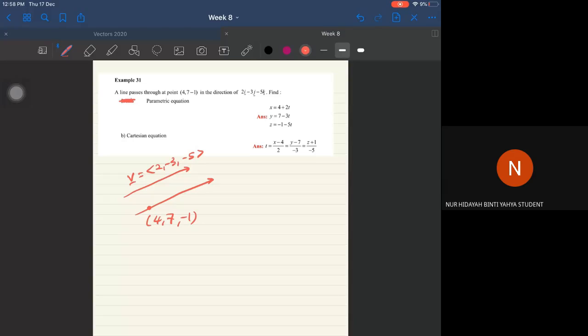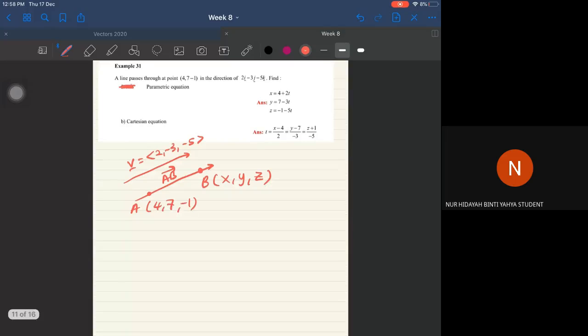Okay. So along this line, kita ada lagi satu point yang kita tak tahu apa dia punya value. Okay. So you need to find a vector AB. So vector AB is equals to, so saya nak terus buat tau. So x minus 4, y minus 7, z minus minus will be plus.